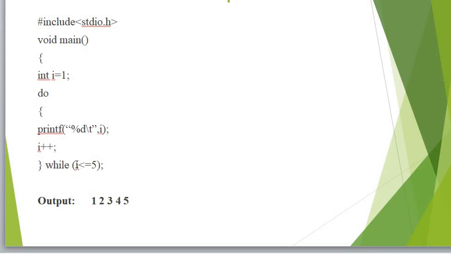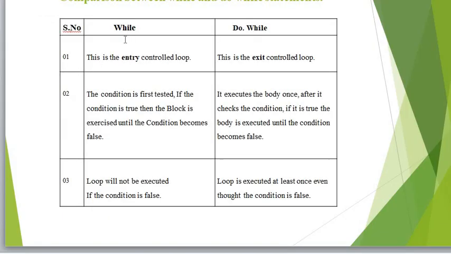What is the difference between entry controlled and exit controlled? The while loop and the for loop are entry controlled statements and do while loop is the exit controlled statement. Here the condition is first tested, and only then the block will be executed. If the condition becomes false, the loop will exit.